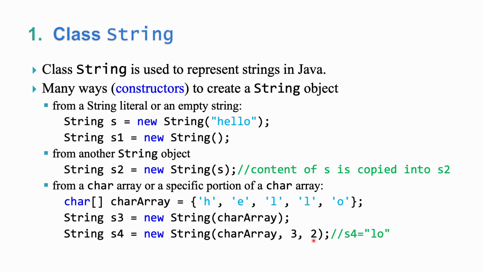So if we specify extra arguments 3 and then 2 after charArray, then only 2 characters starting from index 3 of charArray are used to initialize the string object created. So here a string s4 will have content consisting of characters l and o, which are characters at index 3 and 4 of charArray.